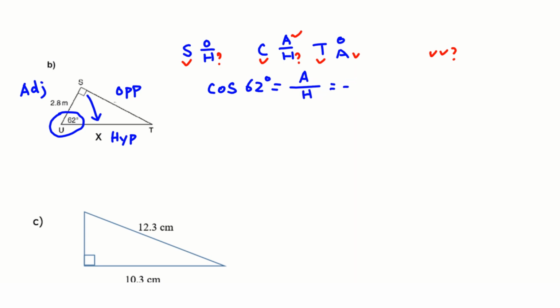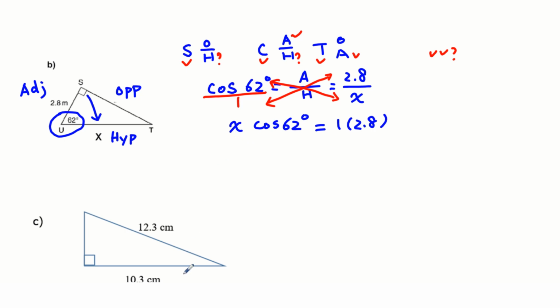Subbing in, the adjacent is 2.8 and the hypotenuse is x. Then we use cross multiply again: cosine 62 divided by 1. Now x times cosine 62 equals 1 times 2.8.